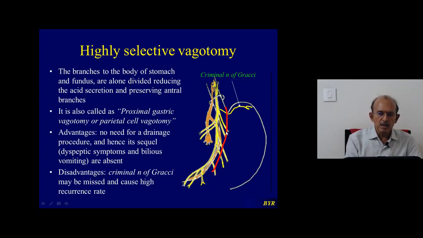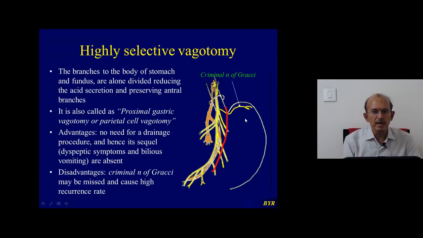When you are doing the procedure, if you don't clear the branches which are passing from the vagus nerve towards the stomach, over the face of the esophagus, you are likely to miss this nerve. So even if one nerve going to the fundus and body is missed, then there will be parietal cell stimulation and more acid secretion. So the patient will get recurrent ulceration.